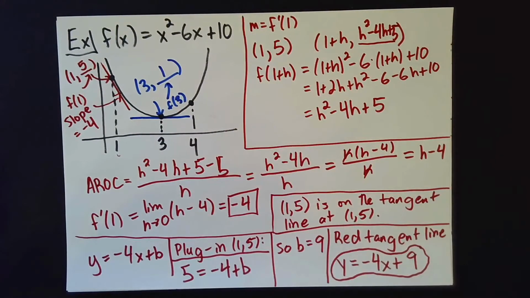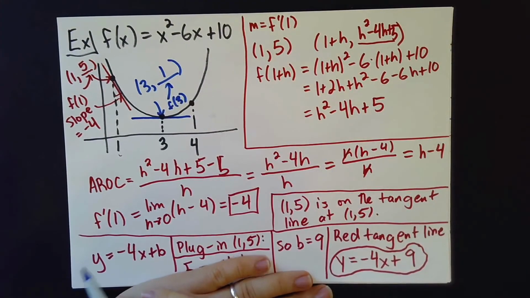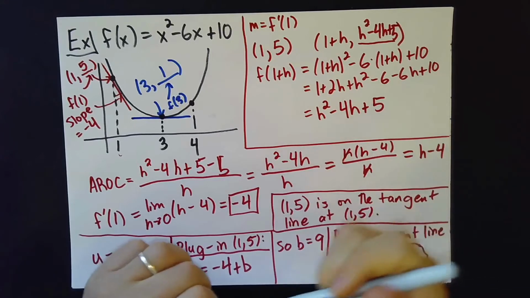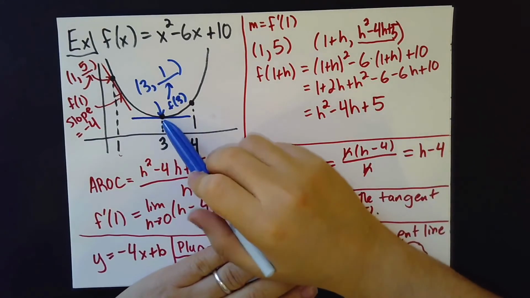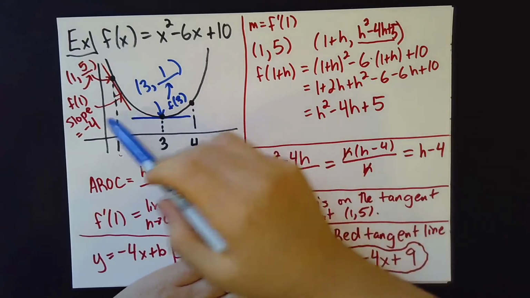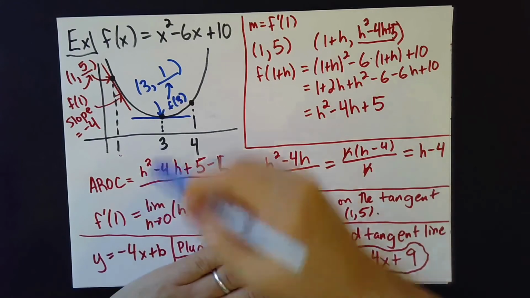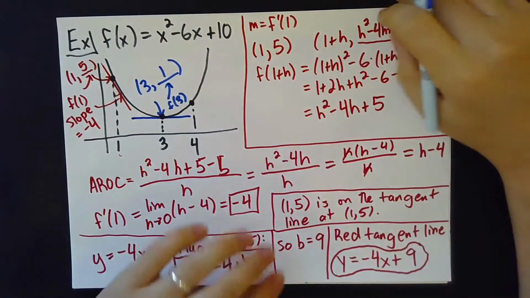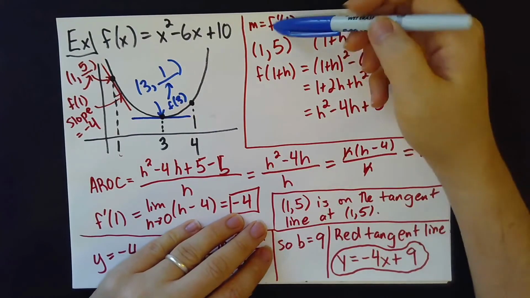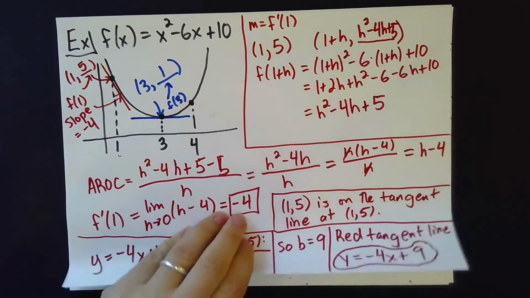Okay. So this point is 3, 1. Now, from the graph that I've drawn, you probably have a really good guess as to what the equation of this line is. And the reason for that is because this line appears to be horizontal. Let's go ahead and check that it really works out that way if I actually calculate it using this formula.